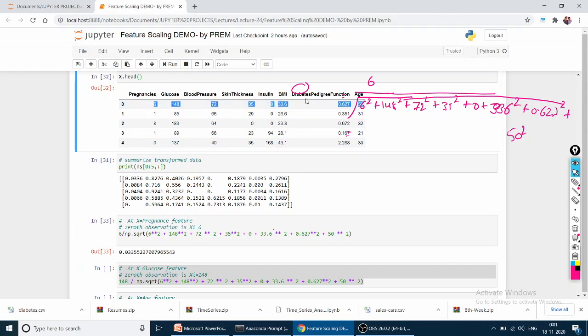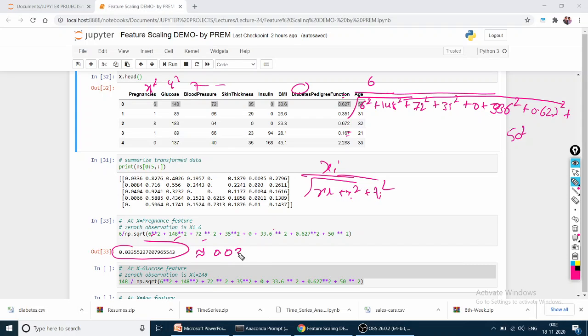So this is xi square, y square, z square, like that. According to the formula, xi divided by the root of xi square plus y square plus z square. So you will get approximately 0.0336. This is the same value, and this is the way you are supposed to get the values.